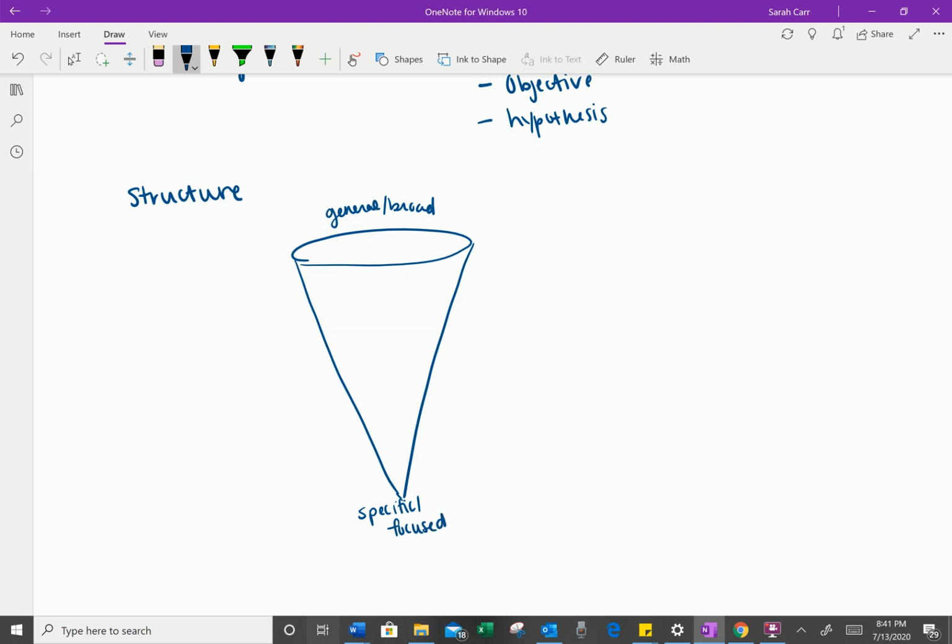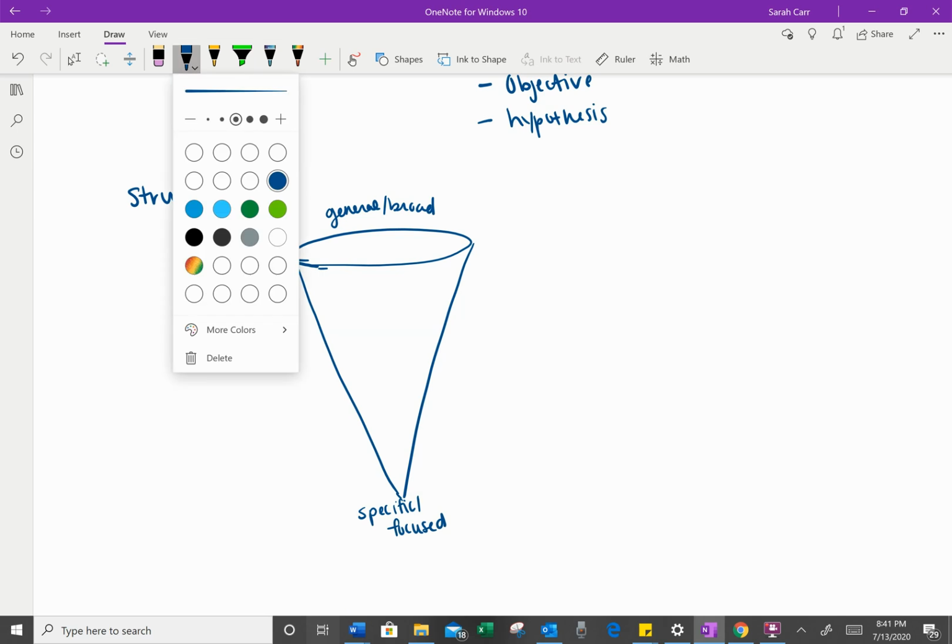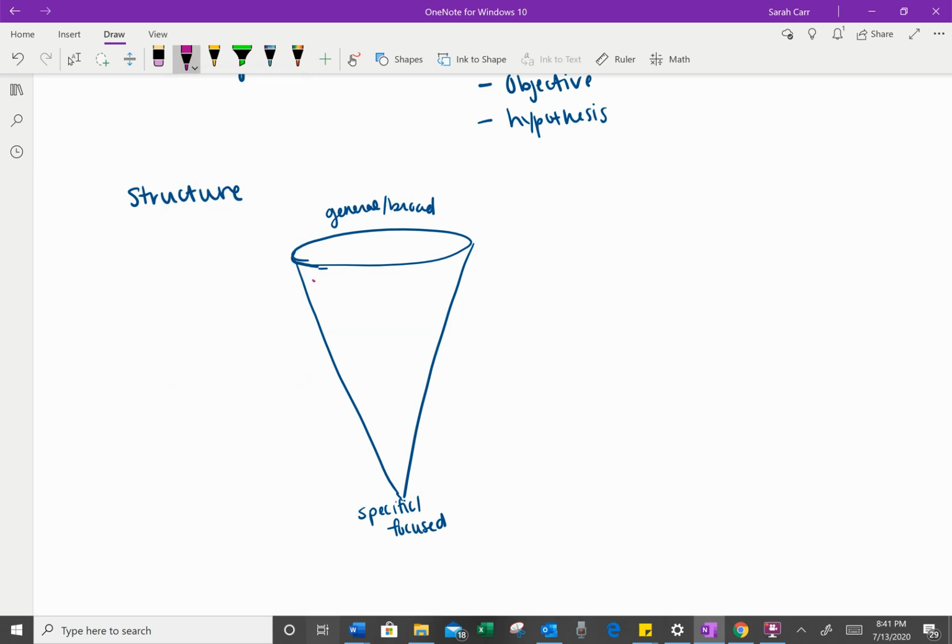And to give you an example of what would go in the different sections, again, this may be 3 paragraphs. Let's change my color. At the very beginning, you might say something along the lines of, I'm going to write about calcium, okay?